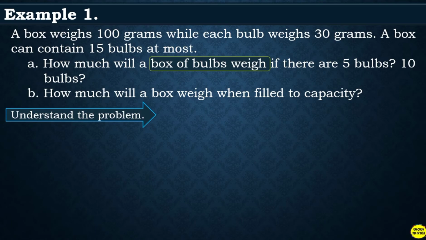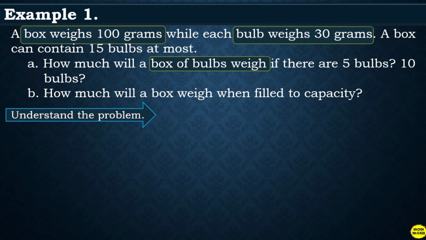Ano-ano ba yung mga given natin? So, una, meron tayong 100 grams which is the weight of the box. And meron tayong 30 grams which is the weight of each bulb. Okay? So, sa bawat isang bulb, meron tayong 30 grams.